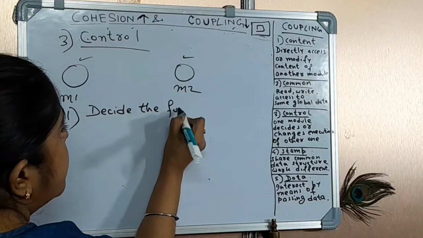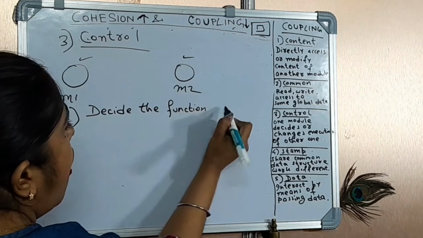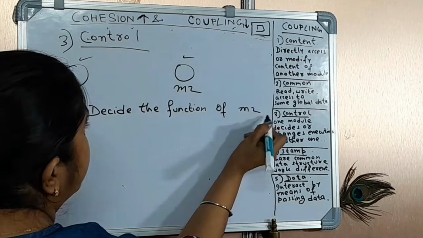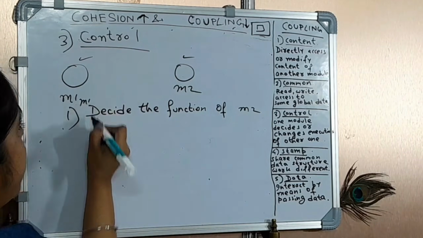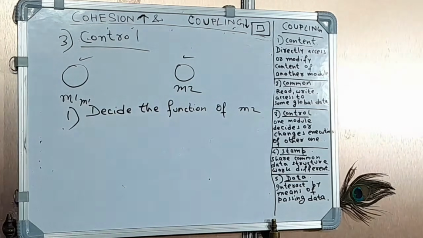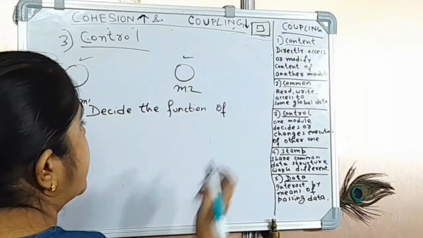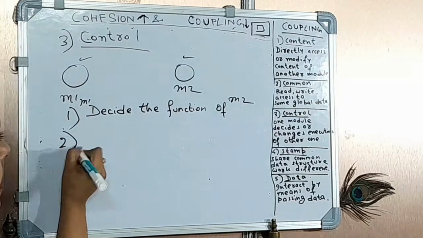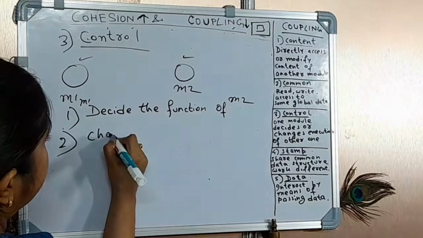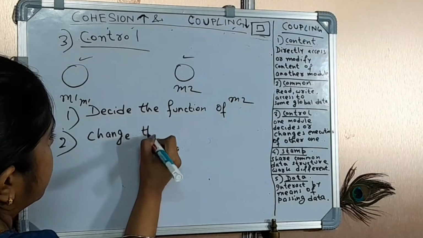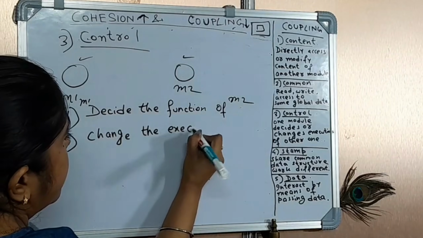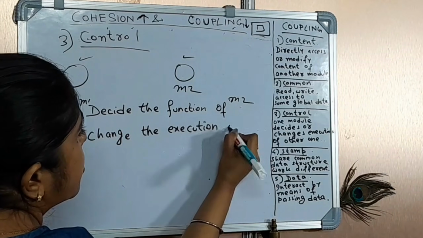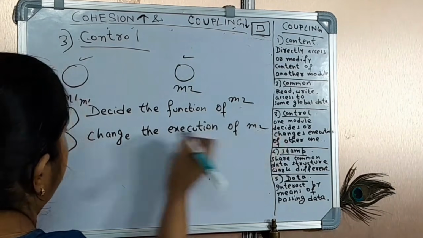Suppose M1 can decide the function of M2, or maybe vice versa. Second, it can change the execution of M2 or vice versa.